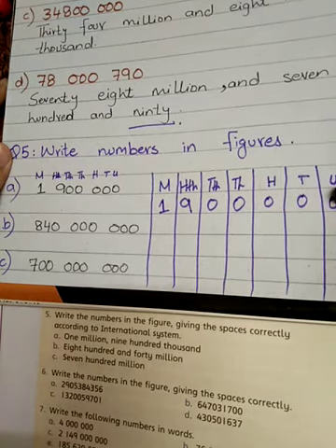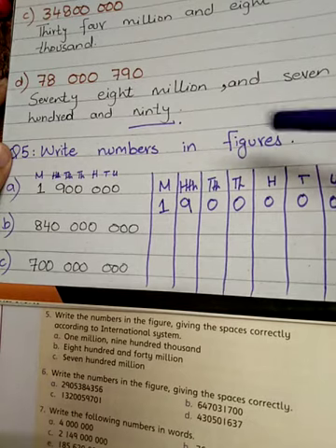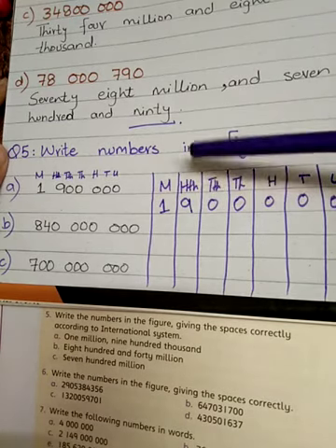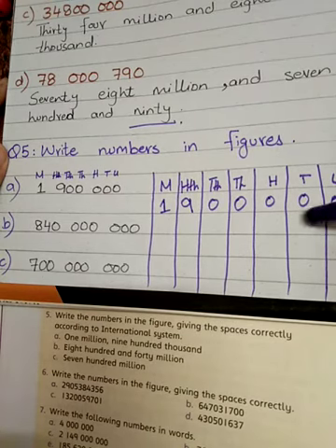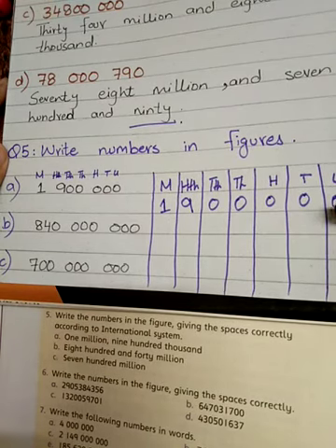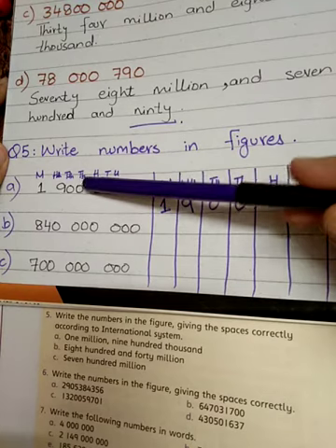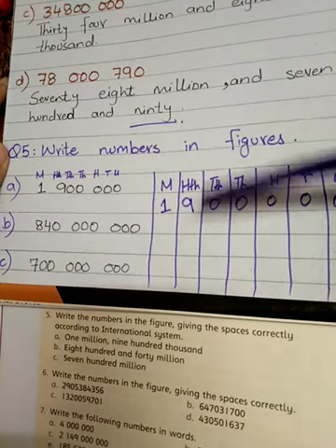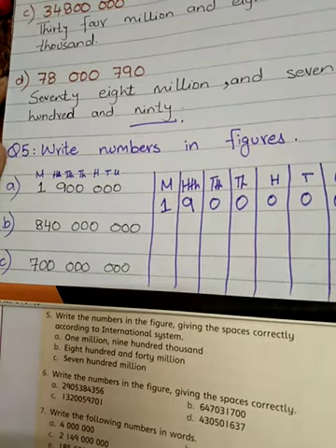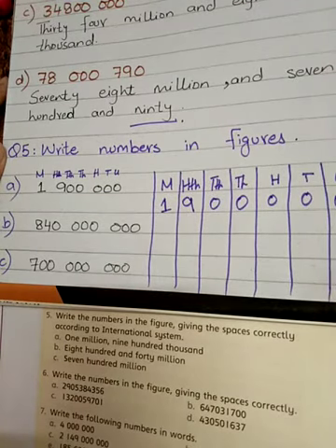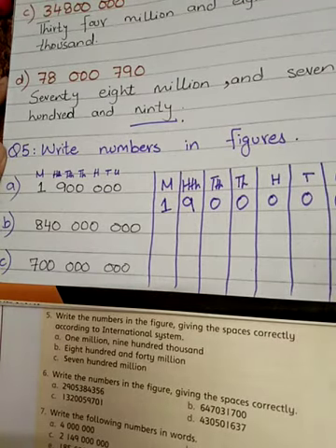Now we have to write this number in international system. We will choose 3 digits starting from right side, we put 3 zeros and then space, and then we put 900 and then space and then 1. So this number is written in international system.